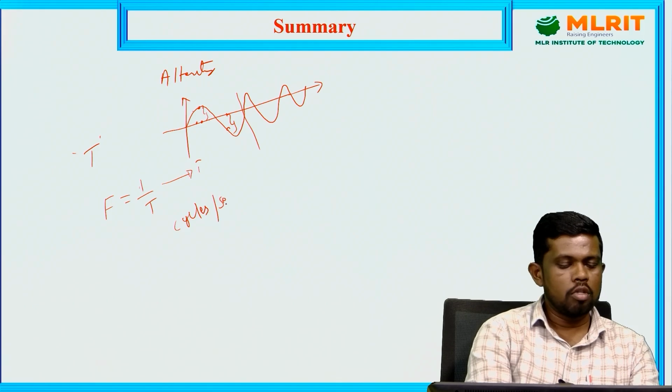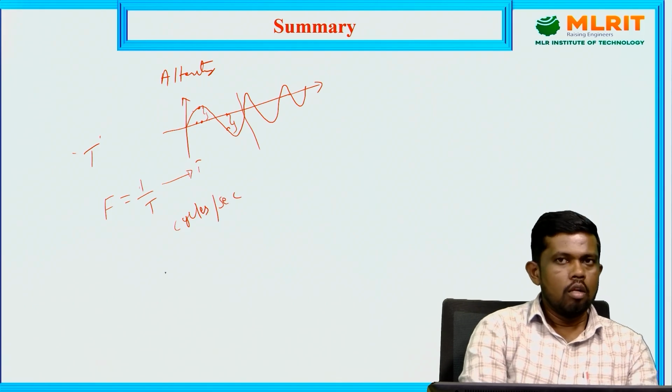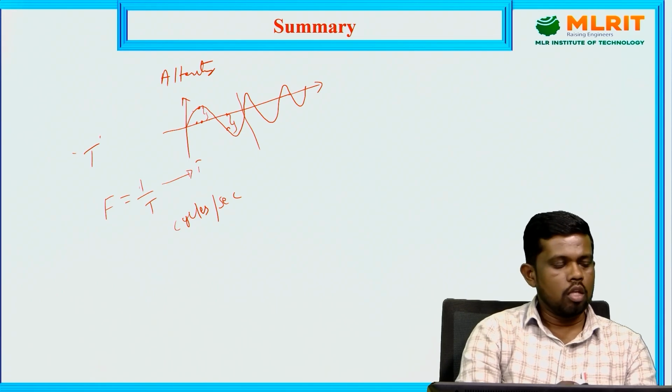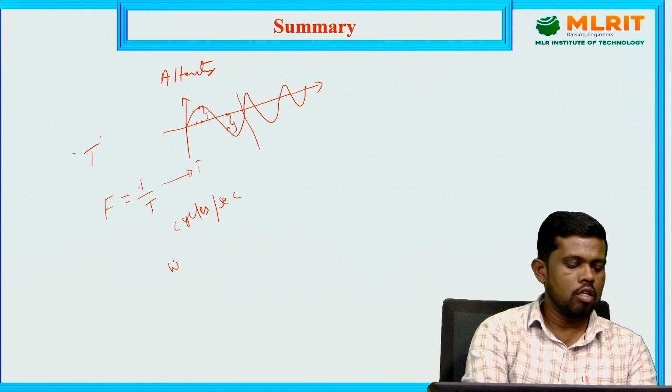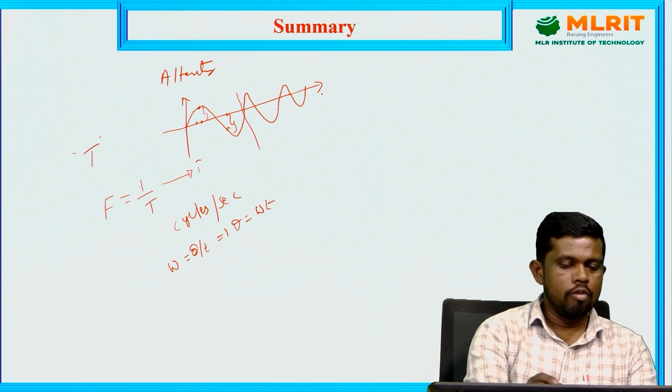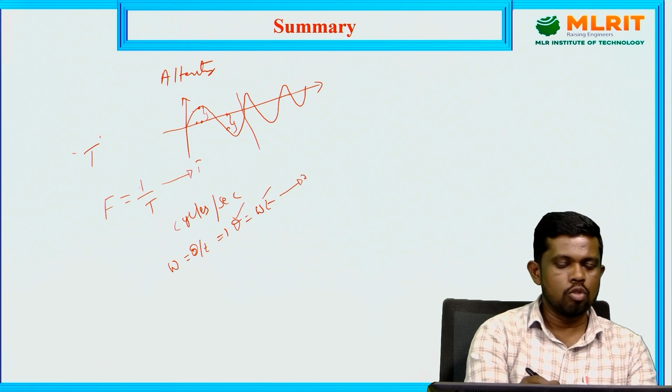Then we have discussed the cycle and also the angular velocity. Angular velocity, omega, is equal to theta upon t, which means theta equals omega t. Either theta or omega t, both are in terms of radians only.